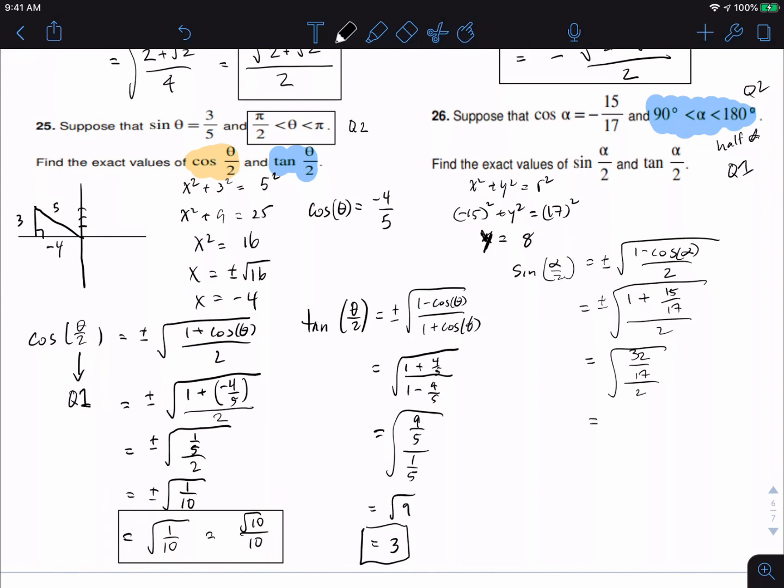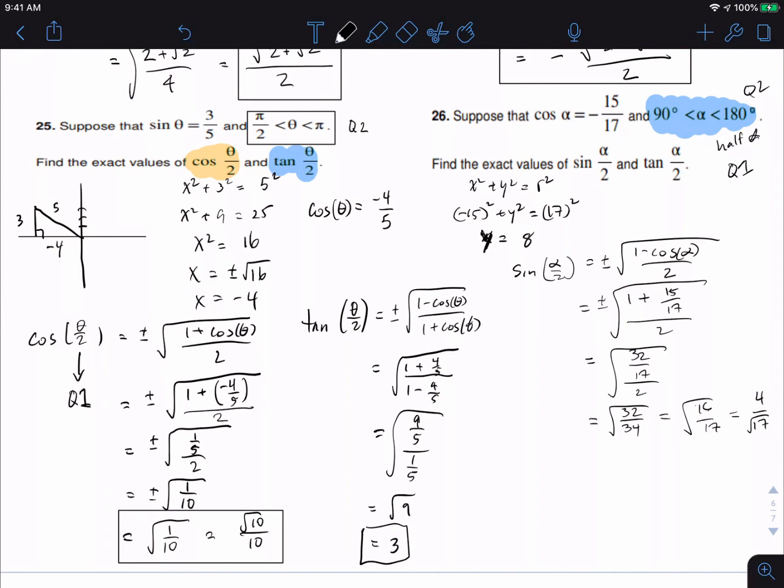That's going to give me 32 over 34 rooted, which we can clean up a little bit. I should have just done the division. It's 16 over 17 rooted, and we could clean that up to be 4 over the square root of 17.